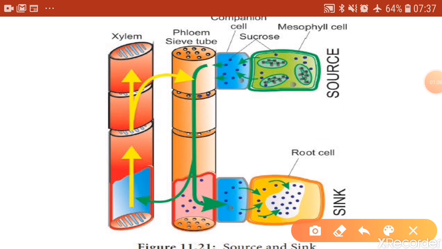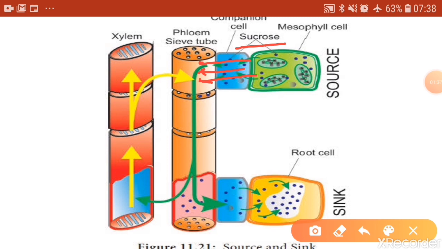How? Let us now see. Now, sucrose that is present in the mesophyll cells is actively uploaded from the mesophyll cell into the sieve tubes. Just have a look at it. The companion cells play a very important role in this. So sucrose that is made from glucose will be actively loaded into the sieve tubes of the phloem.